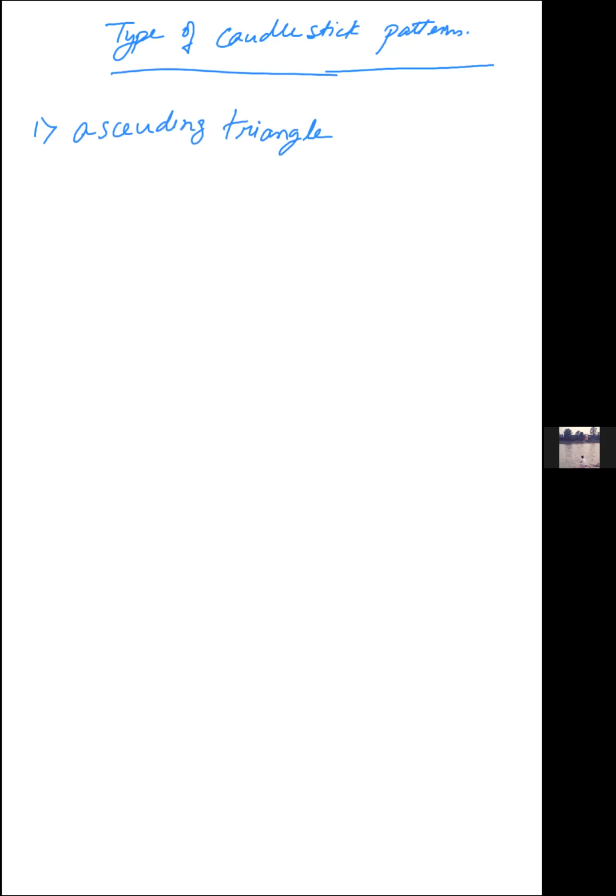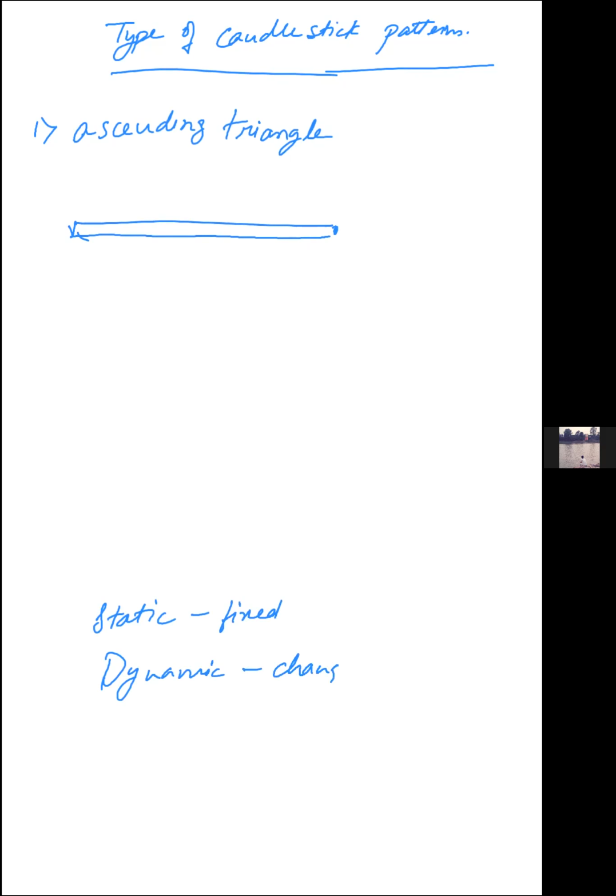So how does an ascending triangle look like? Ascending triangle looks somewhat like this. First, let me clear two key points. There are two terms called static and dynamic. Static means fixed, and dynamic means changing or not fixed.